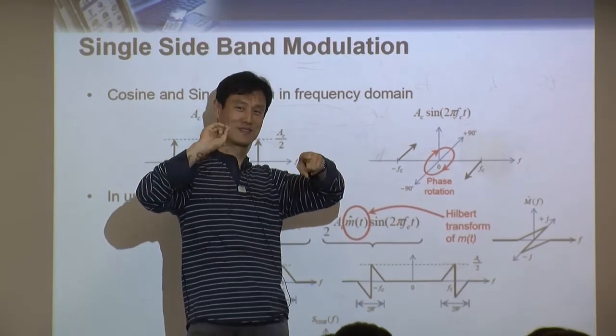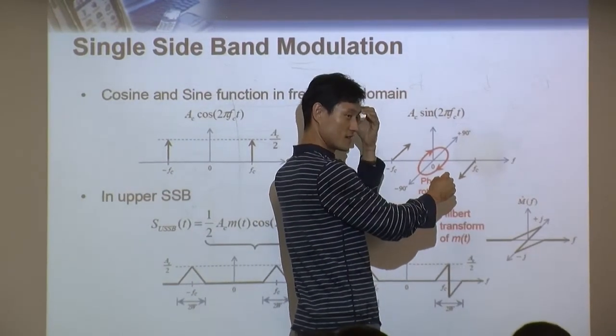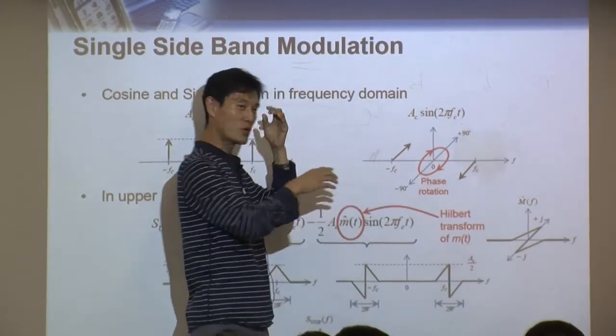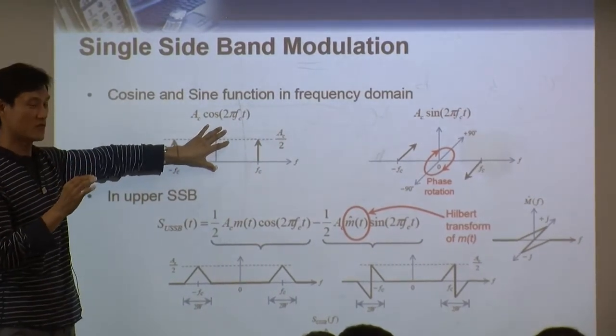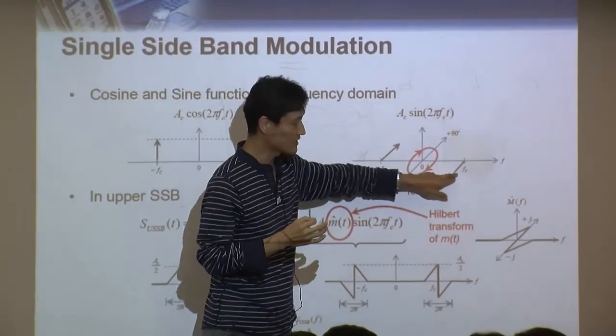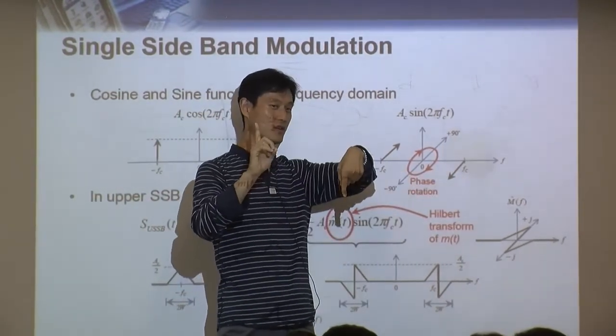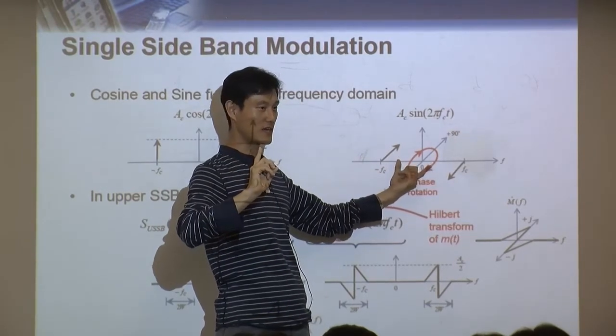It's this one. Okay? We have a 90 degree phase. That is more accurate. Cosine has no phase, this one's phase is 0. But in sine, there is actually a 90-degree phase rotation. So this is wrong, this is correct. That is a sine.